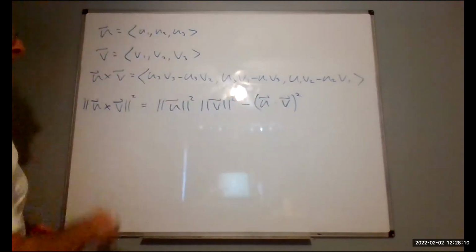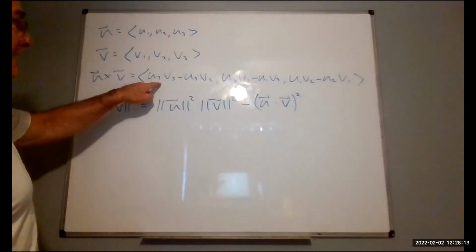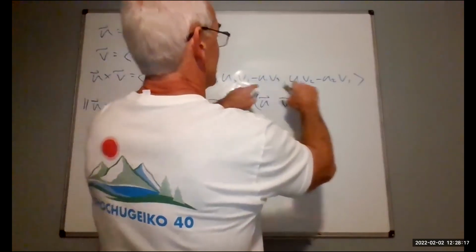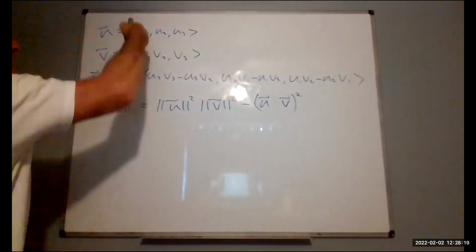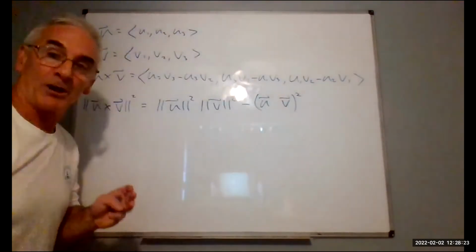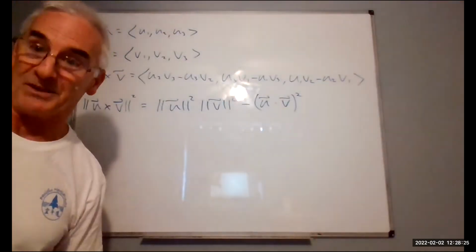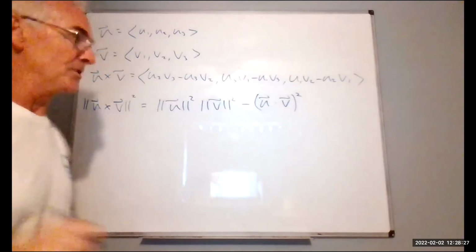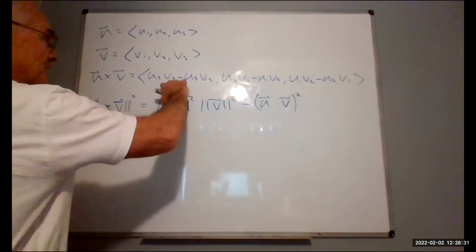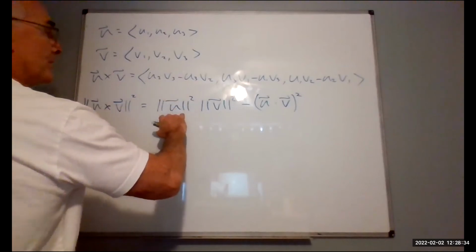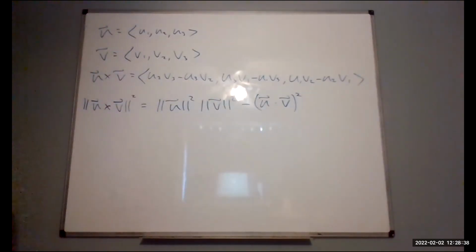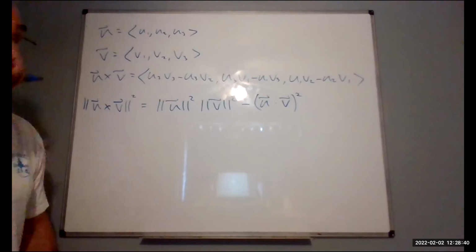I'm not going to do the expansion, but if you actually did the magnitude, you would square this quantity plus the square of this quantity plus the square of this quantity. Then you do the dot product, which is this plus this plus this, and then you square that trinomial. It ends up being really long-winded. Again, I have that in the notes. I show you in the notes that the square of this magnitude is equal to the square of this minus the square of this. Now, in and of itself, that's not entirely useful, not yet.